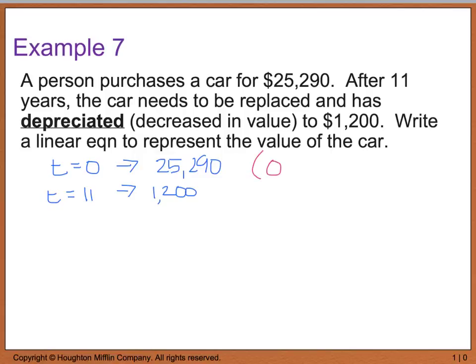So I'm going to write these as coordinate pairs. So I have 0 and 25,290, and I have the other coordinate point of 11 and $1,200. So now if I have 2 points, I can go ahead and write an equation to represent the value of my car, because 2 points will give me a slope, and then I can find an intercept.